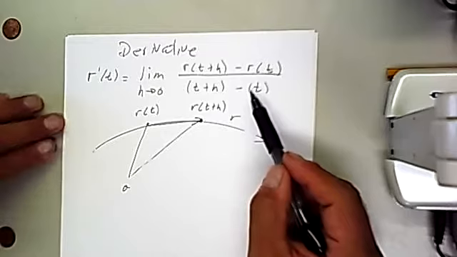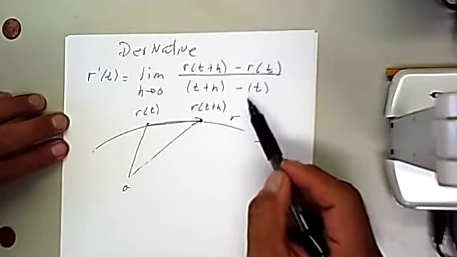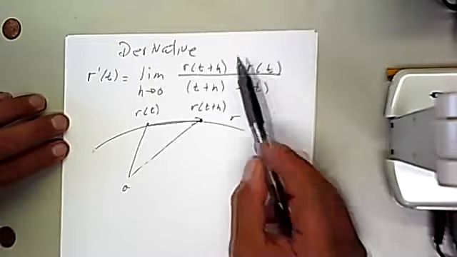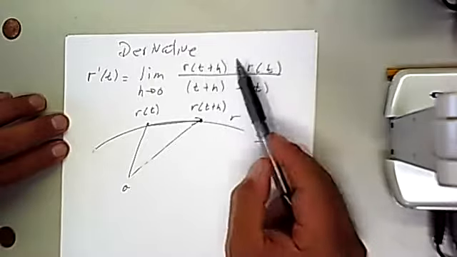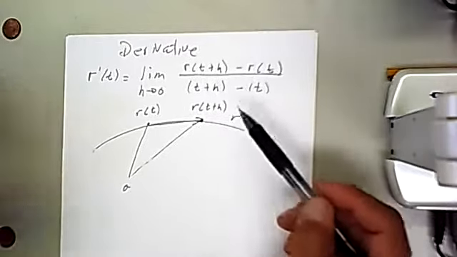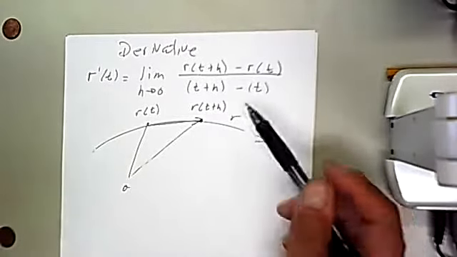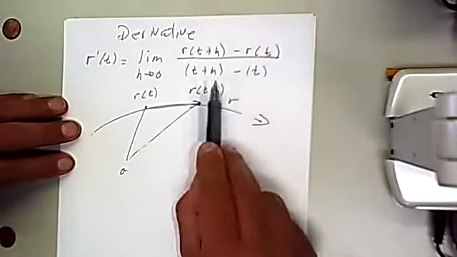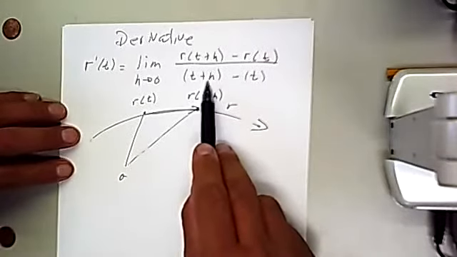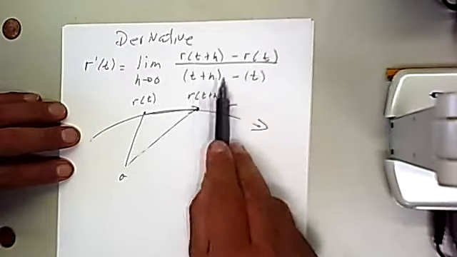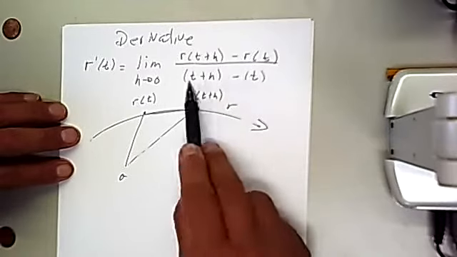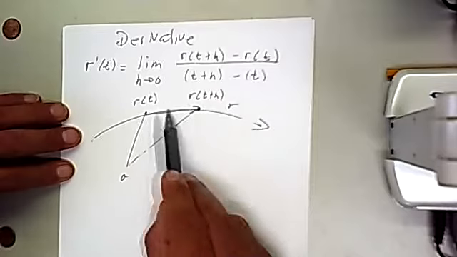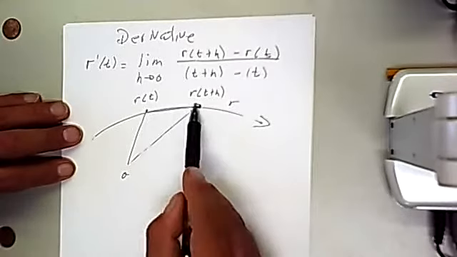We never defined what the division by a scalar is, but it is the multiplication of the vector on the numerator by the reciprocal of the scalar. So when we multiply by this difference, we are taking into account how much time, if we think of t as time, it took to go from here to here. So if it took only 1 unit of time, then this is the vector, that's it.